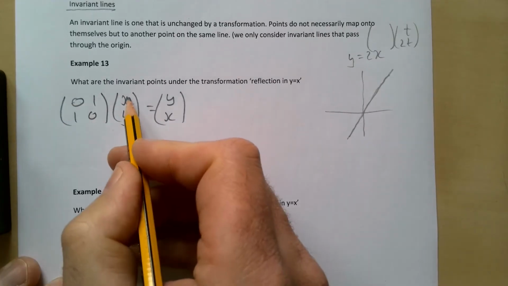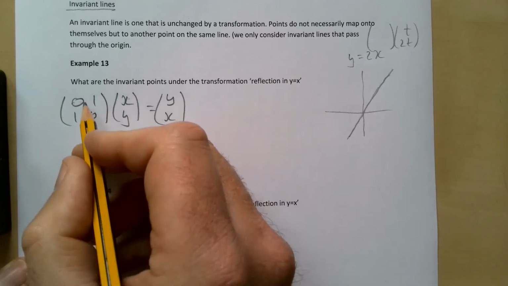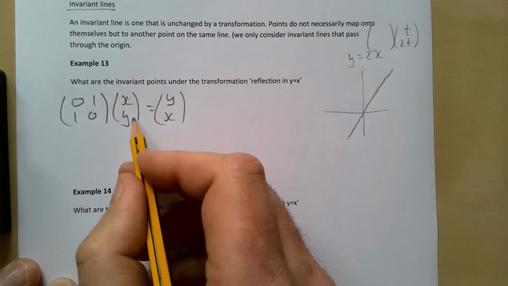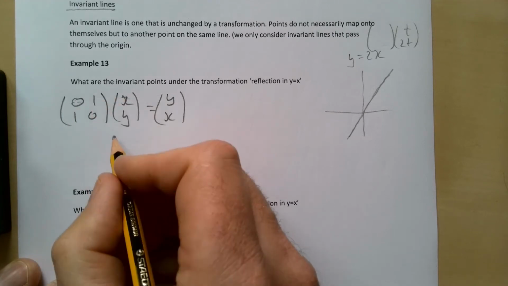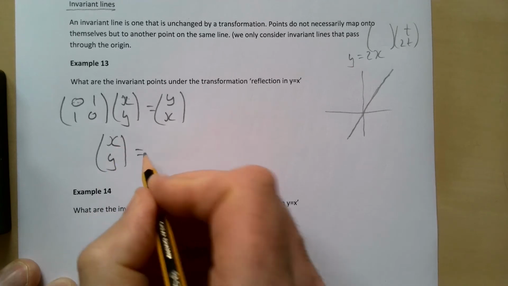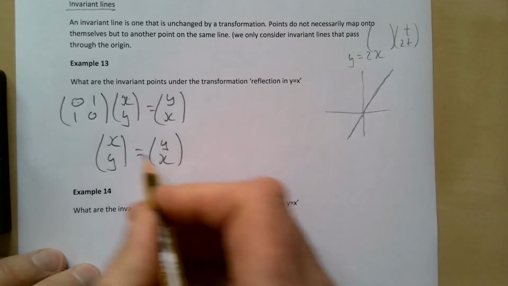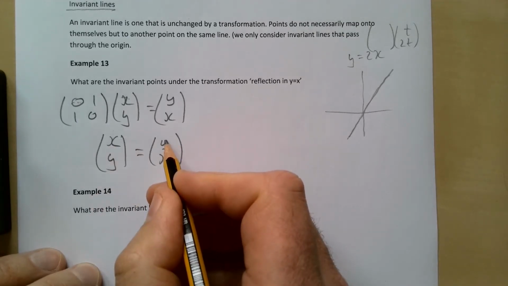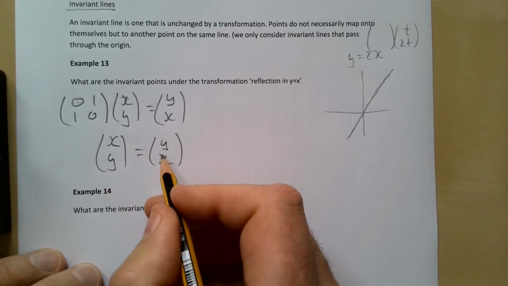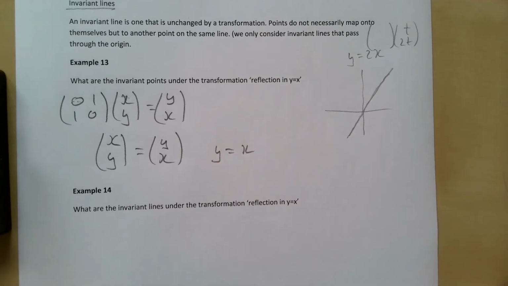If you multiply this out, it's a weird example, but the x coordinates go to the y coordinates, and the y coordinates go to the x coordinates. So any point on the line y equals x is invariant.